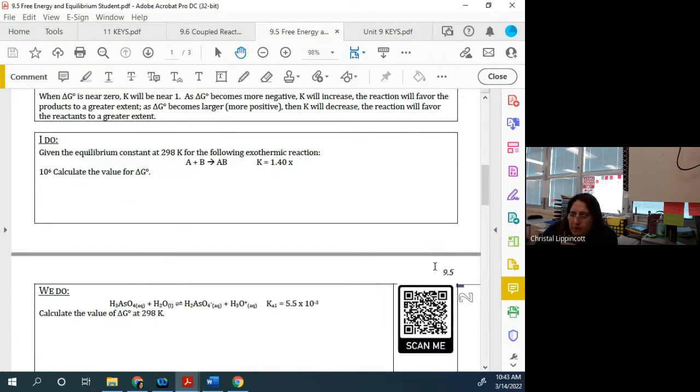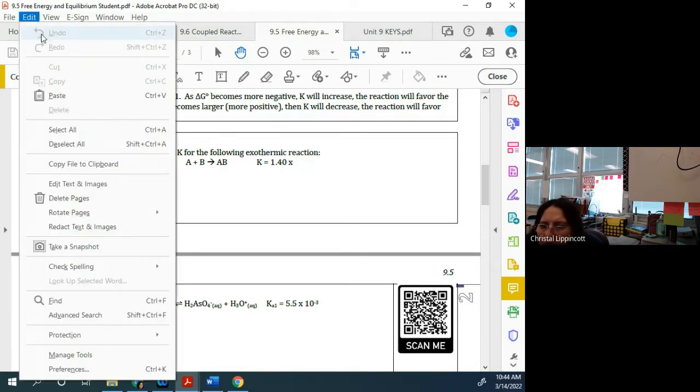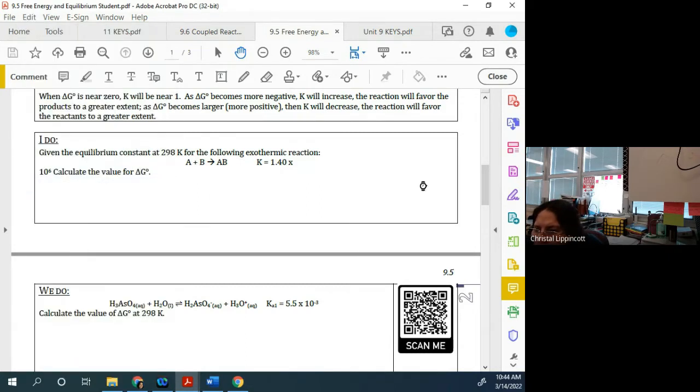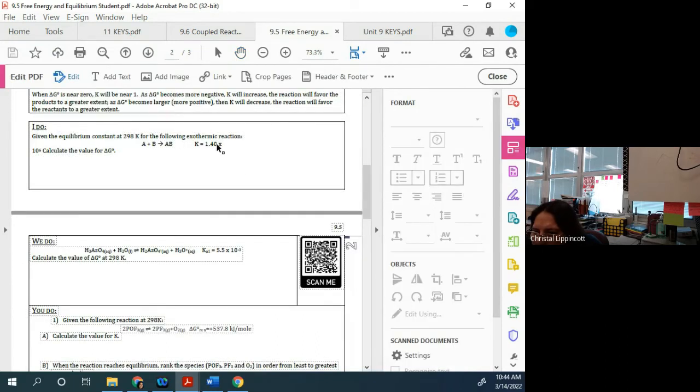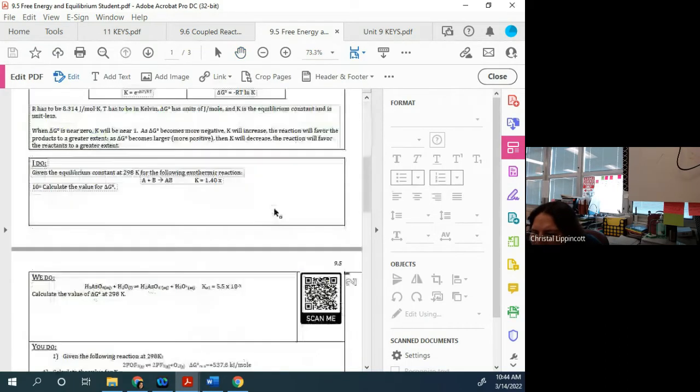So we have this reaction. I don't know why that came through like that. Oh, that's supposed to be up here, that's why. 1.4 times 10 to the negative 6. That negative 6 should be up there. Did it not print right for you guys, I assume?